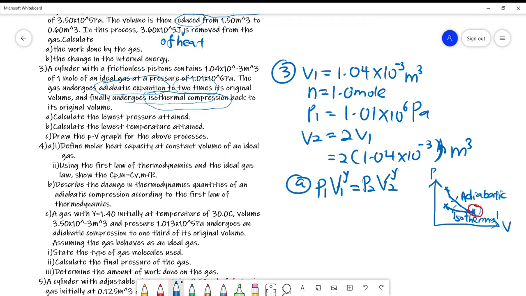1 mole of an ideal gas. So, okay, the problem is the question only mentioned an ideal gas, so let me just check about it.